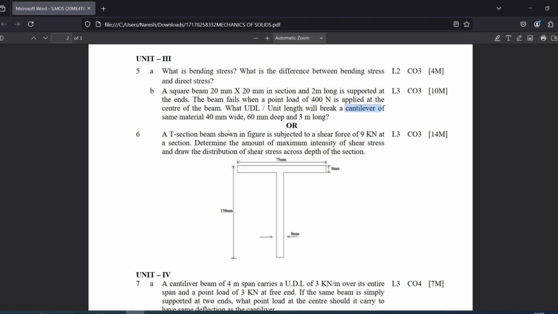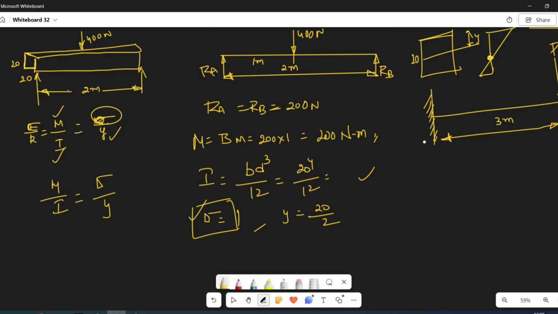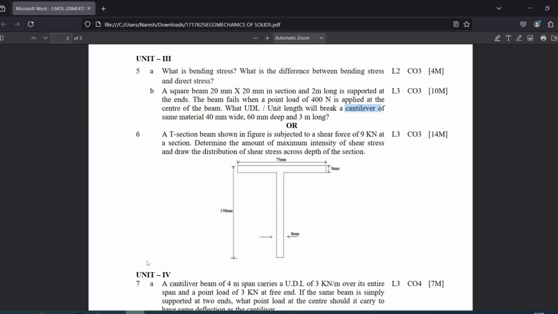Right now, from this we can identify the bending moment, M is equal to P into the length. Now I will be given by, we were given a rectangular section 40 mm wide and 60 mm deep.